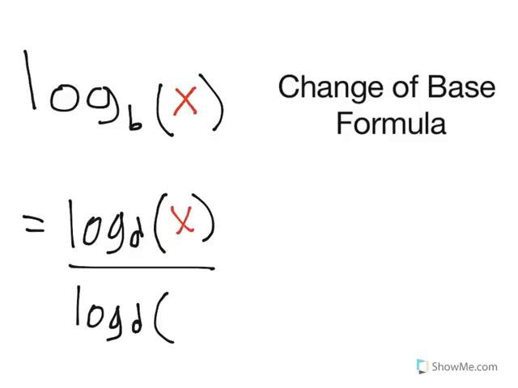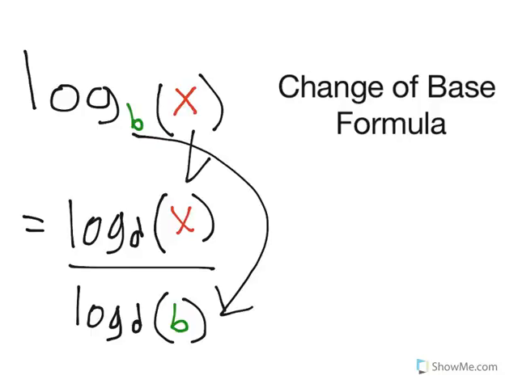And we'll actually color code the b. So as you can see, all you do is you change the base, and you put the b over here, and the x over here. It might be a little confusing, so let's do some examples.